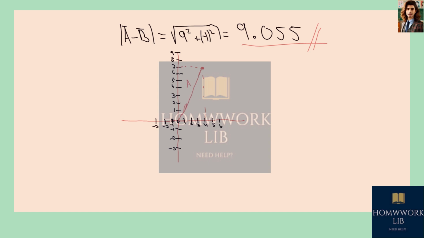This is going to be a. Of course, you can do this on graph paper just to make it better. For b, we're going to have 5 on i minus 2 on j. So somewhere right in here. This is going to be b.